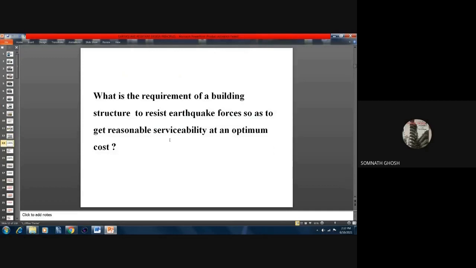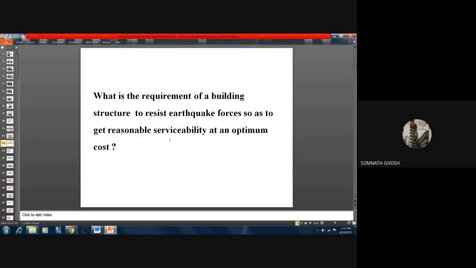Now, what is the requirement of a building structure to resist earthquake forces so as to get reasonable serviceability? Try to understand. I am giving importance to reasonable serviceability at an optimum cost. That means, if you think that earthquake will take place and there will be no damage, absolutely it will be perfect.